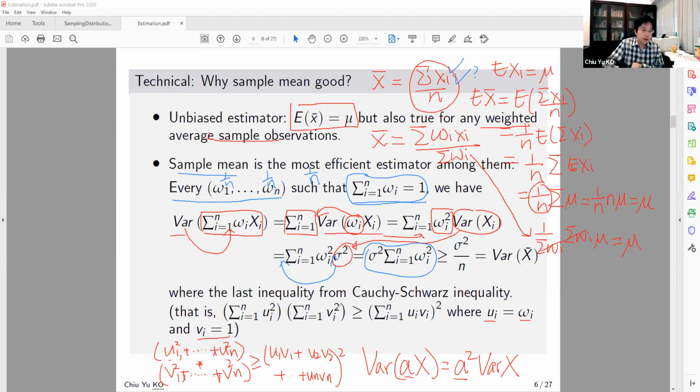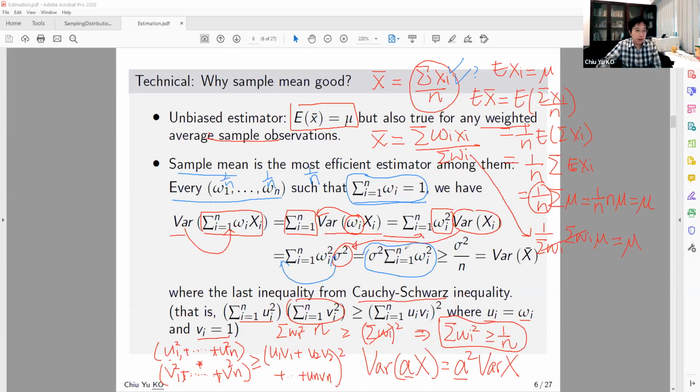So the sum of the one squares is n here, and this is the sum of the mu i squared, and this is 1. So what it means here is that the sum of the mu i squared is bigger than 1 over n. That is what the Cauchy-Schwarz inequality gave us. If you don't follow this, just apply the formula.